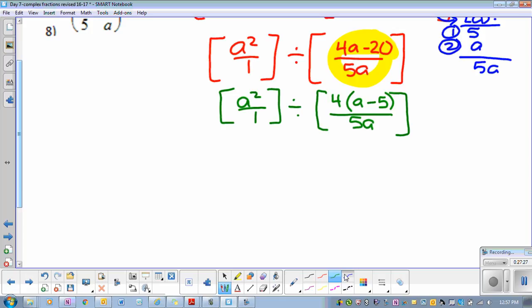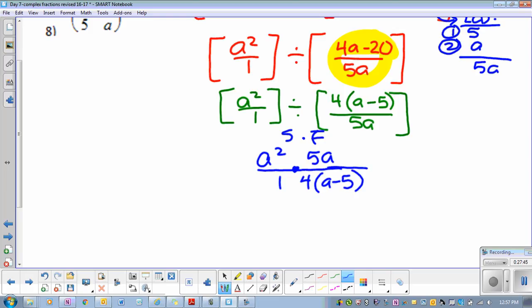So now we can do same times flip. Okay? All right, so now we have a squared, over 1, times 5a over 4 times a minus 5. I mean, you don't really need the 1, but if you like it, write it.